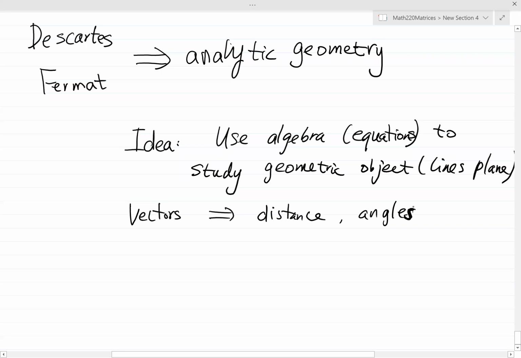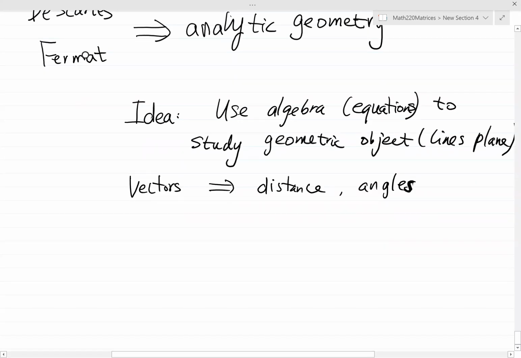So in analytic geometry, we use algebra to study geometry. A famous saying of one of the greatest mathematicians of the 20th century, Sir Atiyah: if you ask a mathematician, do you study algebra or do you study geometry, this is a silly question.